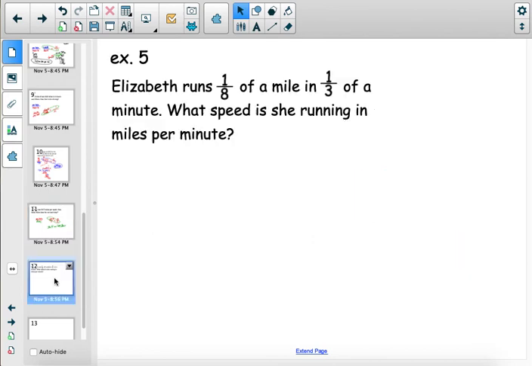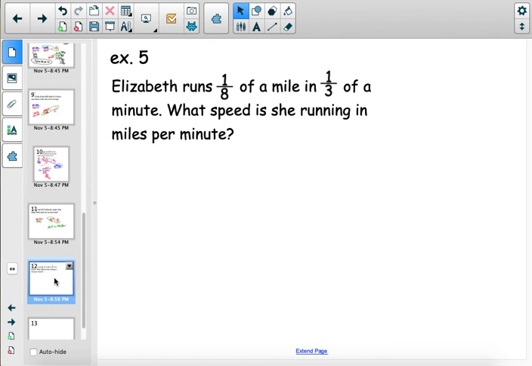Alright, Elizabeth runs 1/8 of a mile in 1/3 of a minute. This is a 7th grade standard. Fractions. Doing what we're doing, but doing them with fractions. This is also on the platform. I'm going to set this one up with you, so at least have it written down.